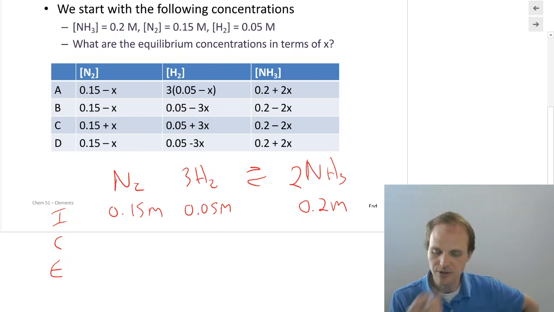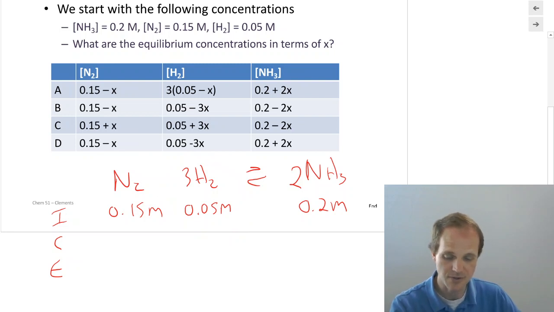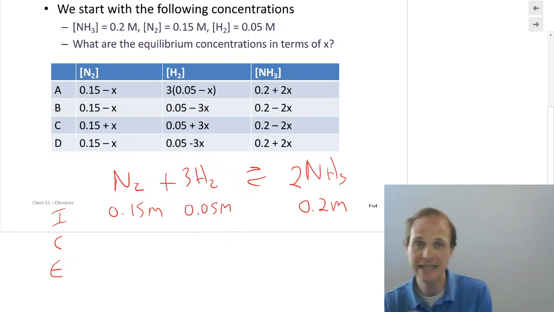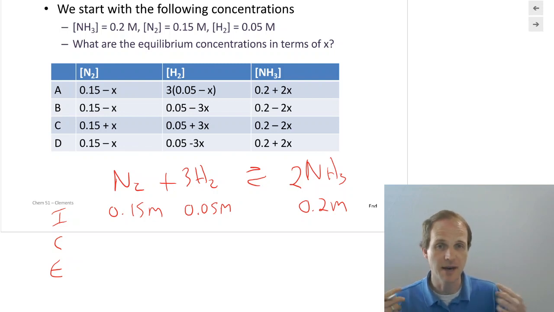And some people want to multiply that H2 by 3, since there's a 3 there. No, no, no. That 3 tells you stoichiometry. When I'm making H2 or using up H2, I have that stoichiometry of 3. But if someone just tells me I've got 0.05 molar H2, I've just got 0.05 molar H2.